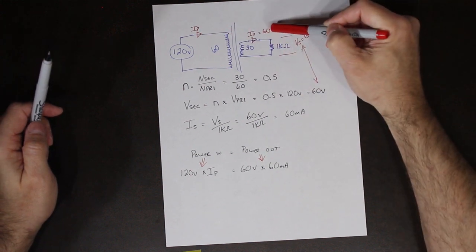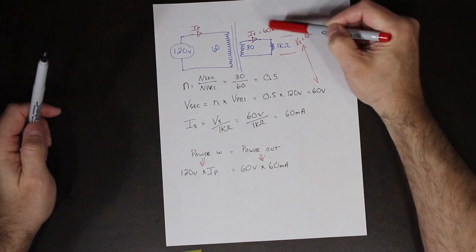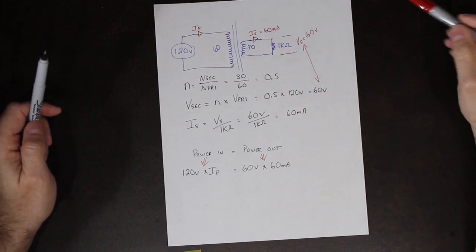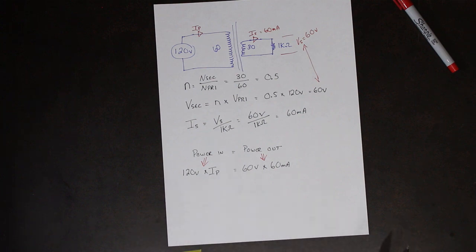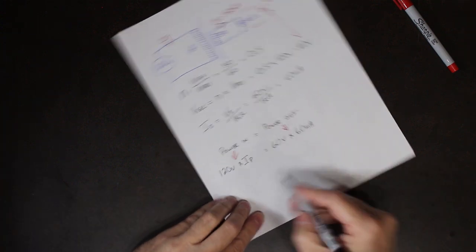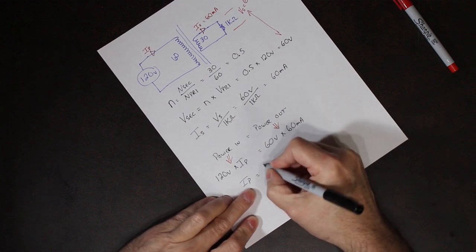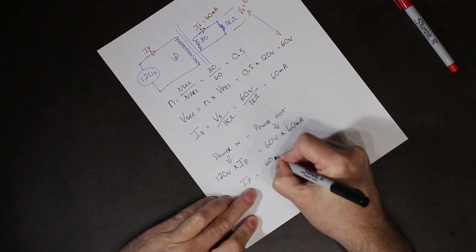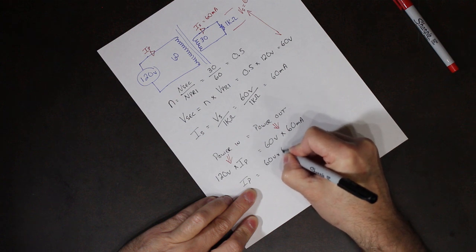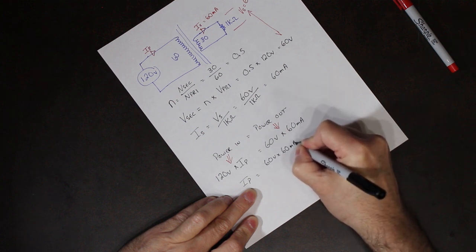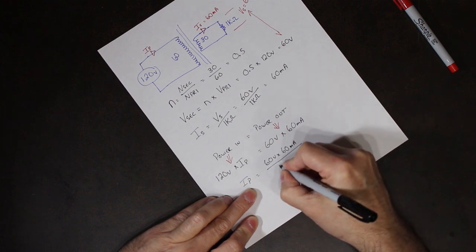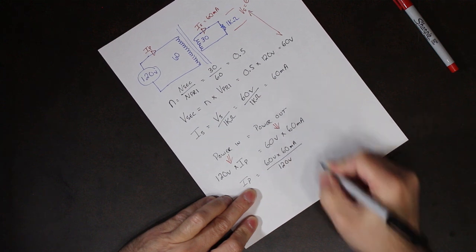If we actually did this math, we would see that IP is equal to 60 volts times 60 milliamps divided by 120 volts.